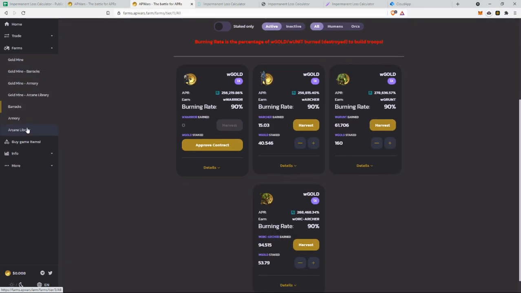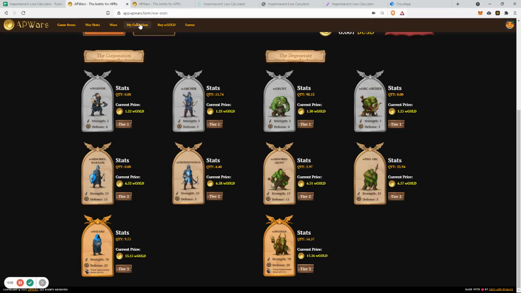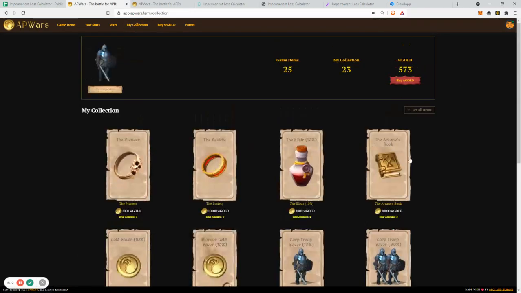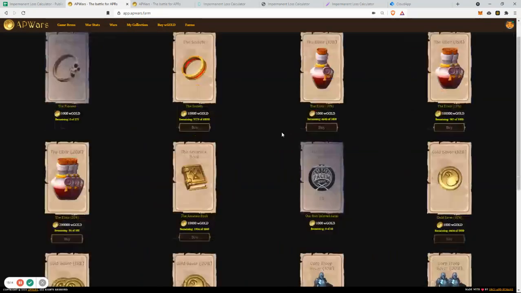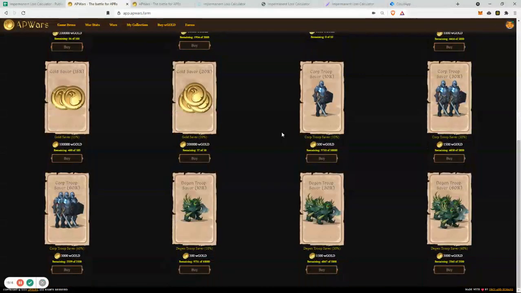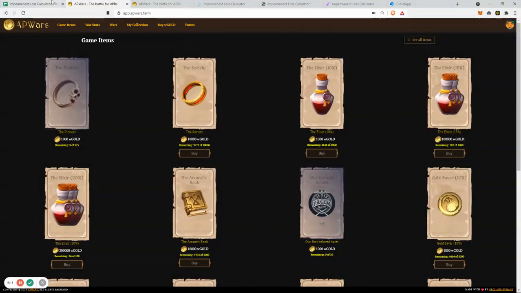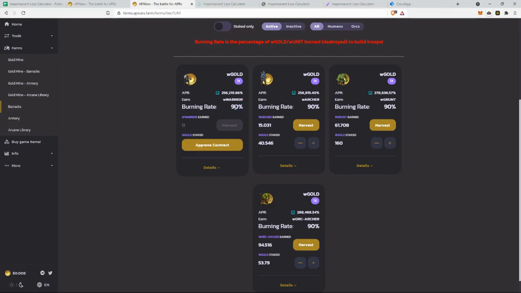If you want to farm warriors, please be sure to buy some NFTs in the collection here. Be sure to buy them before you stake your gold so you can save some gold when you stake.